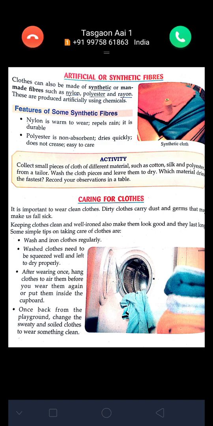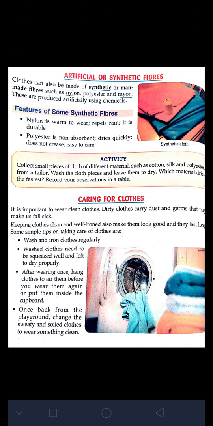It is also important to store clothes properly. Woolen and silk cloths need to be kept in the sun for a few hours, washed and dry cleaned before they are stored. You have to take care of woolen and silk cloths properly before you keep them for a long time in the cupboard, for example when our winter season is over.